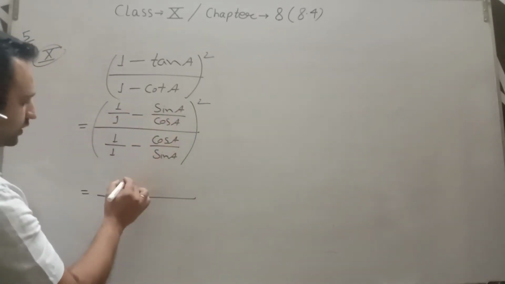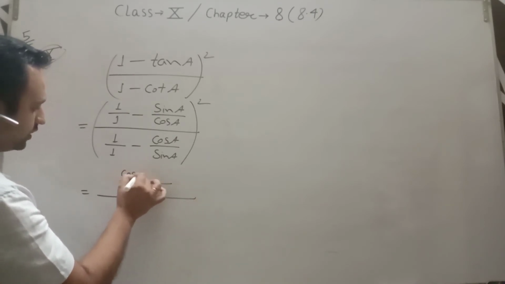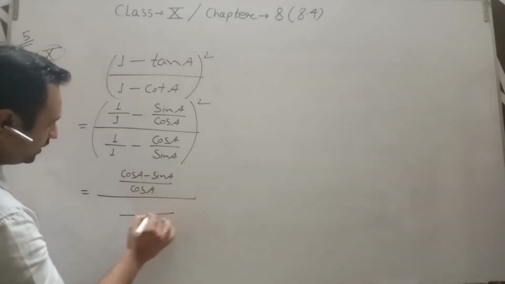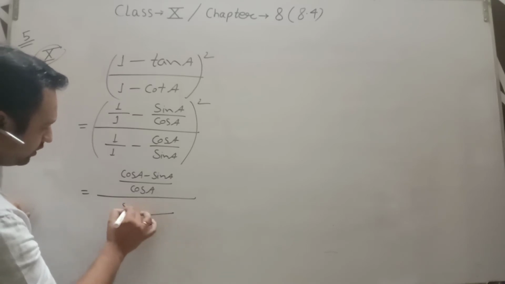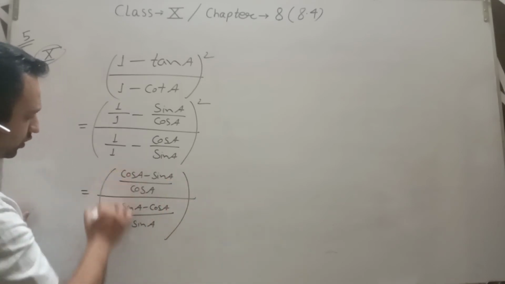In the numerator we take cos A as LCM, giving cos A minus sin A. Similarly in the denominator we take sin A as LCM, so sin A minus cos A, and square of whole.